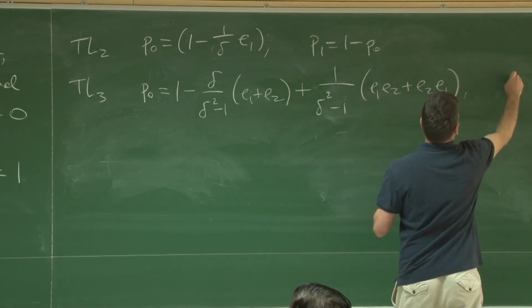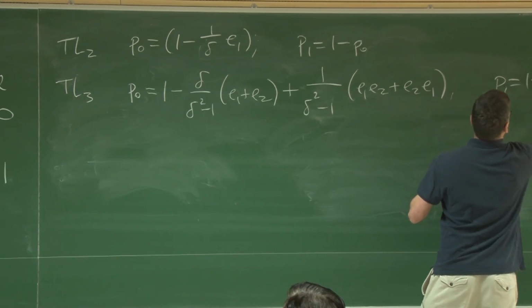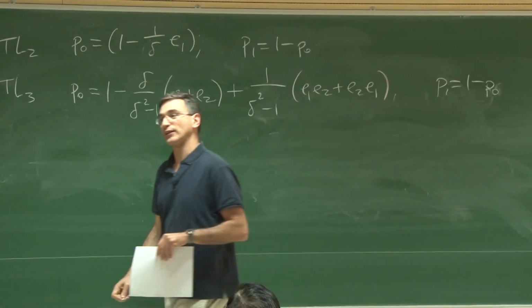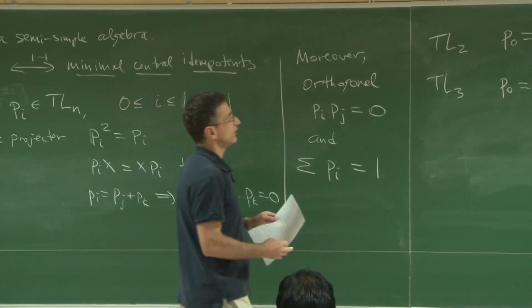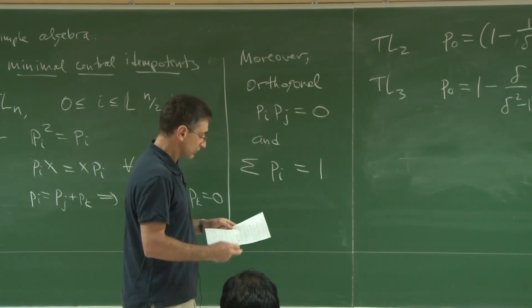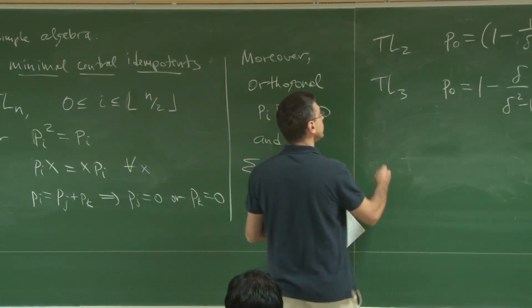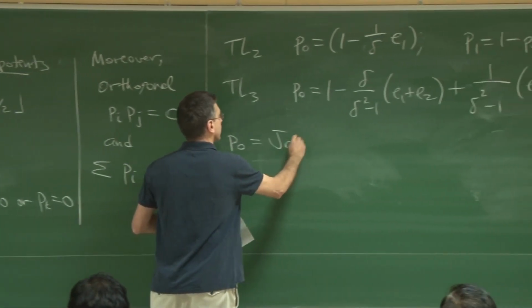And again, P1 is 1 minus P0. These are not going to come intuitively, like obviously. These are complicated gadgets. And the first one of these, P0, is the Jones-Wenzel idempotent.